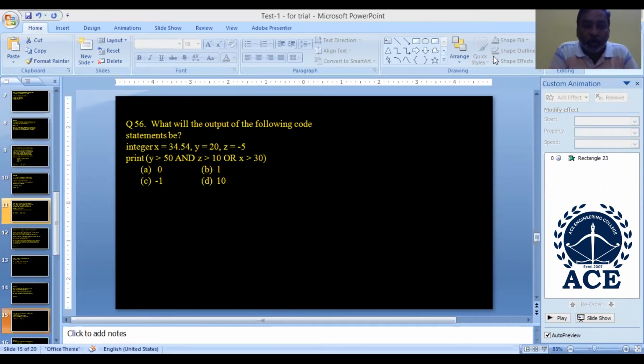And what is to be computed? A combination of relational and logical operators. Print y greater than 50 and z greater than 10 or x greater than 30. Now we'll solve this program. We'll do the program in a stage by stage manner to find out what the output can be.